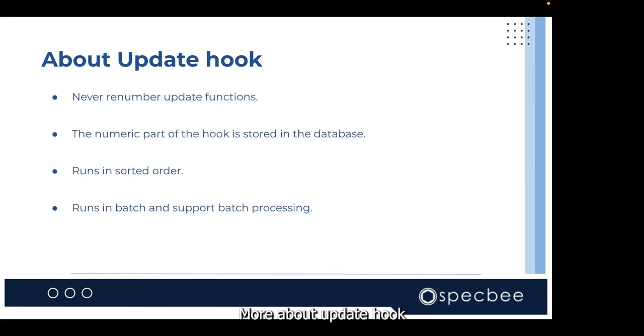Now, more about the update hook is that you never rename your update function. Whatever numbers have been executed already are stored in the database. So once it's executed, you cannot rerun the same update function again. It's already stored, so don't renumber it.